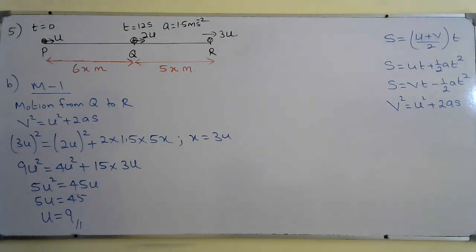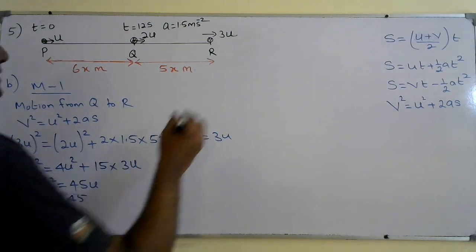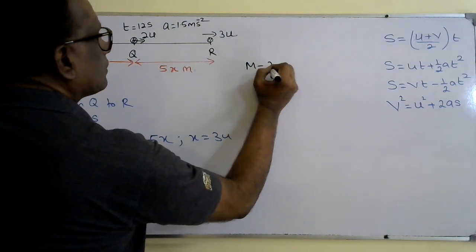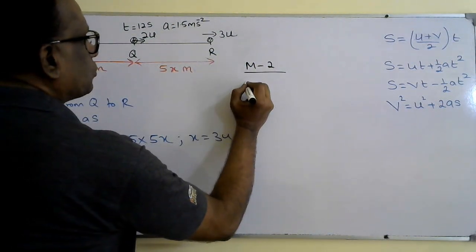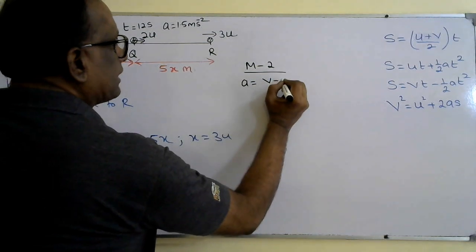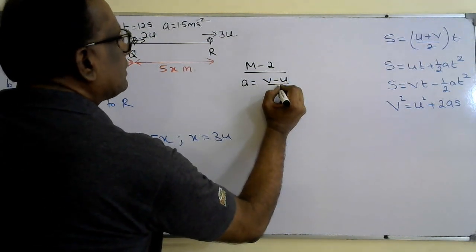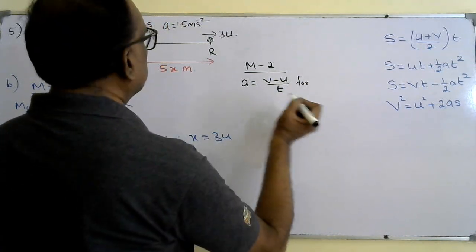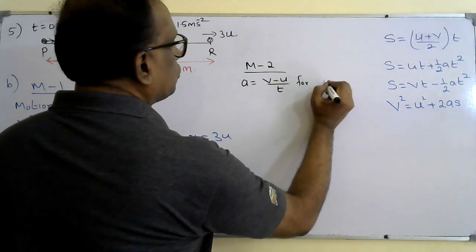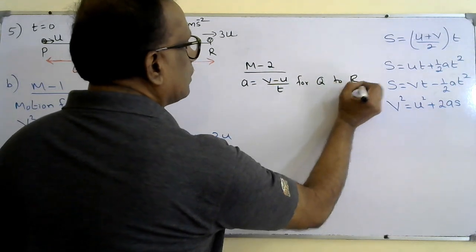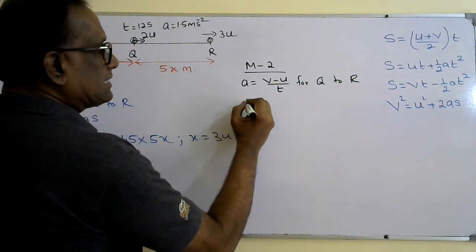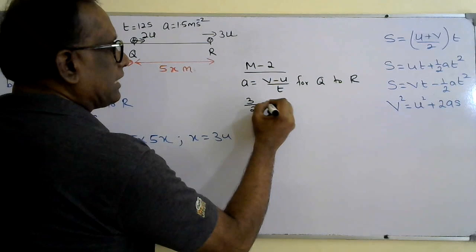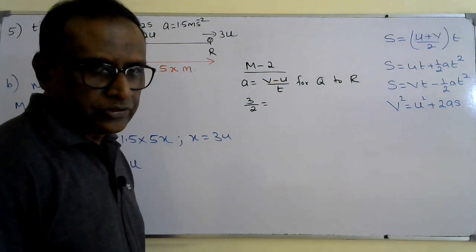Okay, what could be the method 2? We know the acceleration, so acceleration equals (v minus u) over t. For the motion Q to R, the acceleration is 1.5, that is 3 by 2. 1.5 is 3 by 2, easy to handle with fractions.